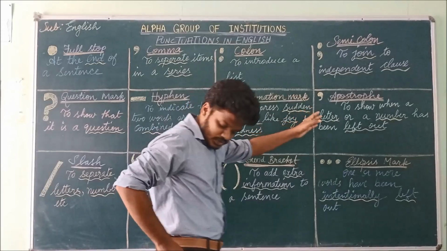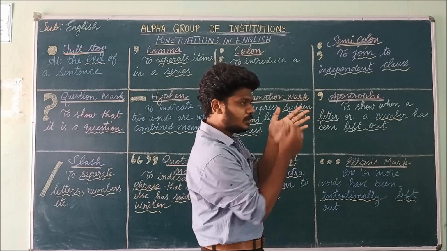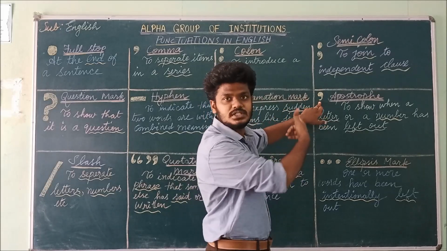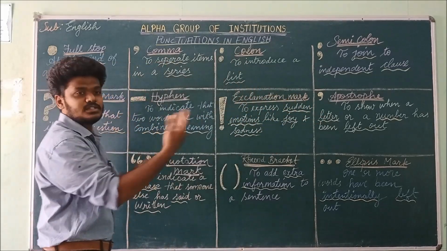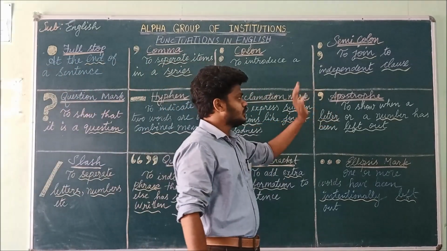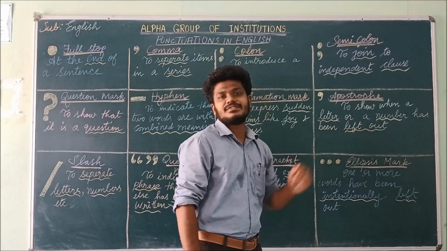Clear? So now we are moving on to the next one, that is apostrophe. Apostrophe is nothing but a small comma-like structure. Look at this. Can you all see this? Yes. It is the same as a comma, but the meaning is different. The apostrophe is used to show when a letter or a number has been left out.